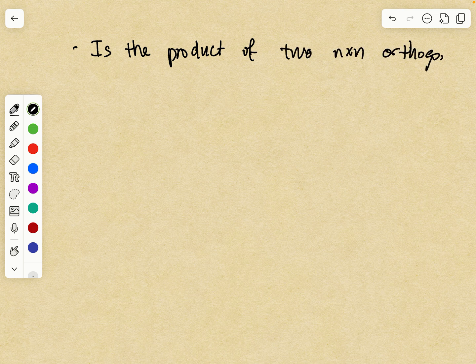So before we get to the 2x2 matrices, let's just ask some general questions about orthogonal matrices. For instance, is the product of two n by n orthogonal matrices also orthogonal?